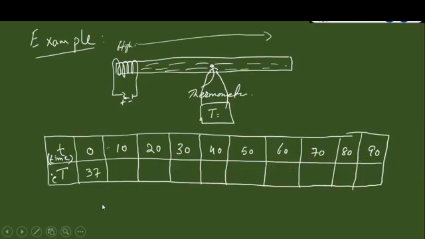So 37, let's say after 10 seconds you note down something around 37.1, let's say 37.5, and suddenly 38. It is just random, but we know that temperature will increase, that's for sure.